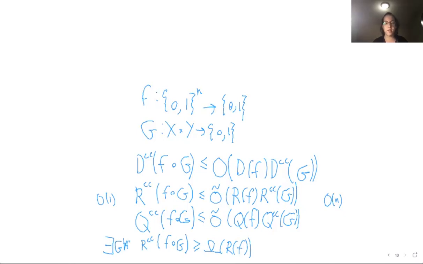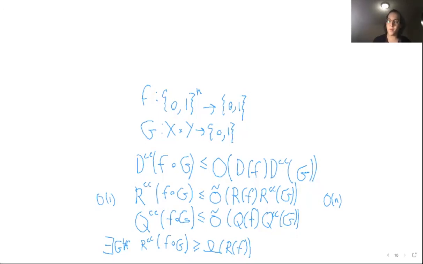Is there a gadget that's hard enough such that for any function that you compose with this gadget, the randomized communication complexity of this composed function is going to be at least the randomized query complexity of F? So that sort of makes this upper bound that we had tight, but only for some G, instead of for all G. Okay.